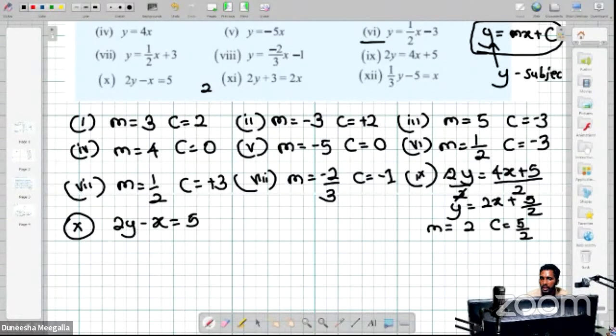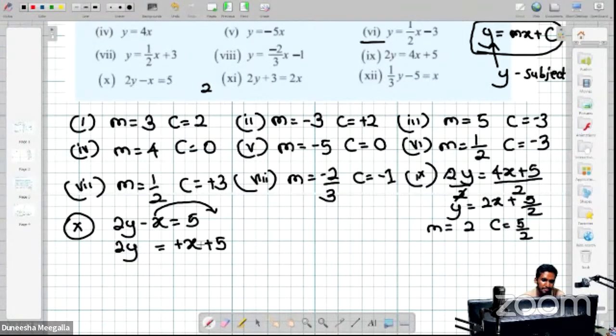Now you have to make y the subject in this equation, so you have to isolate y on one side. Then -5 goes to the right side of the equation. What happens to -x when it goes to the other side? It becomes plus x, doesn't it?